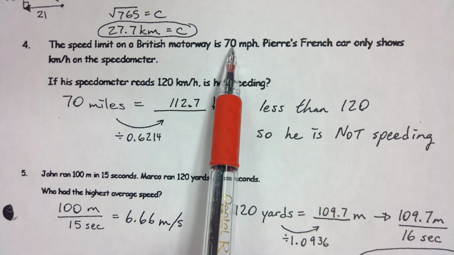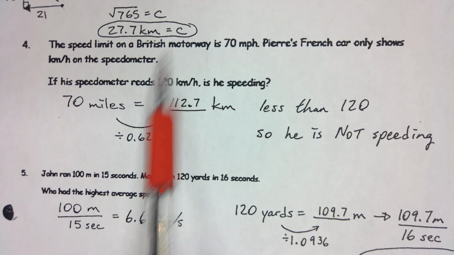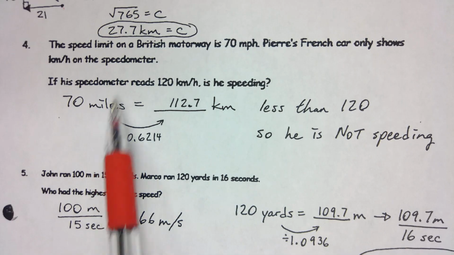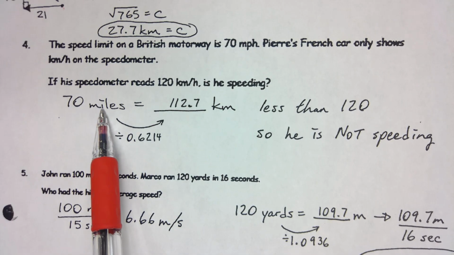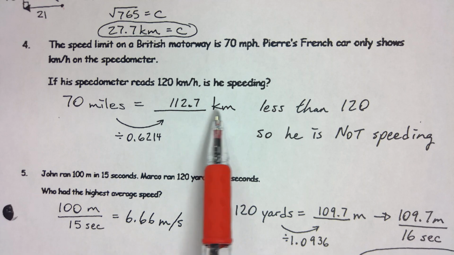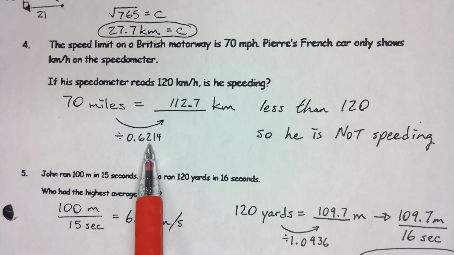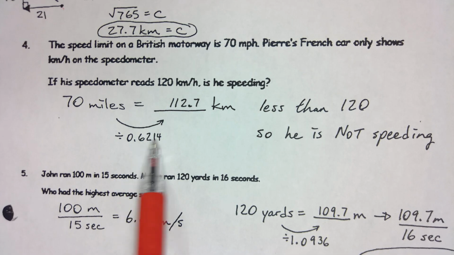Well, it doesn't matter which one you convert. You can convert this to miles or you can convert this to kilometers. So let's say I just wanted to convert miles to kilometers. So imperial to metric, the ratio is 0.6214. Where did I get this number from?